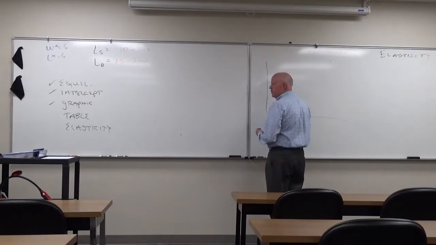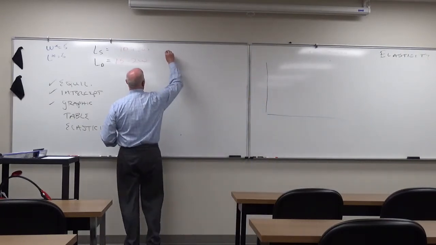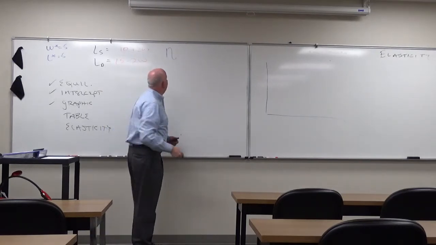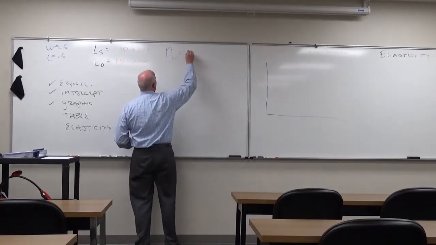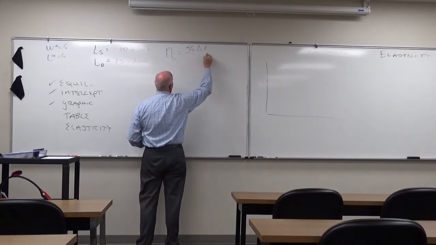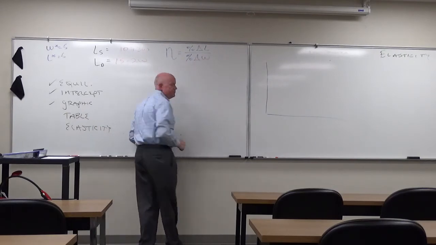Well, elasticity is a change, right? And when we think about it, it uses this nu, the Greek letter, as the symbol, and it equals some percent change in labor given some percent change in wage.